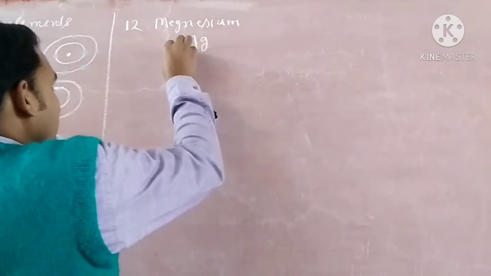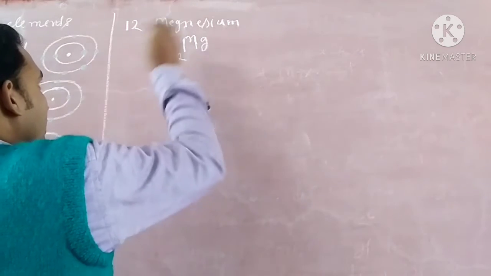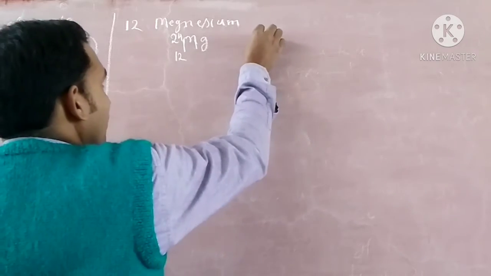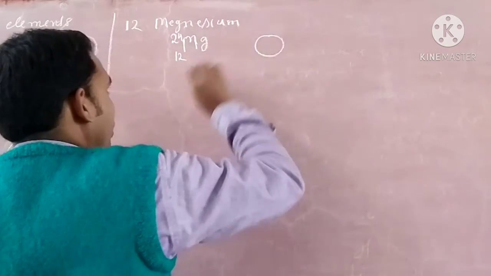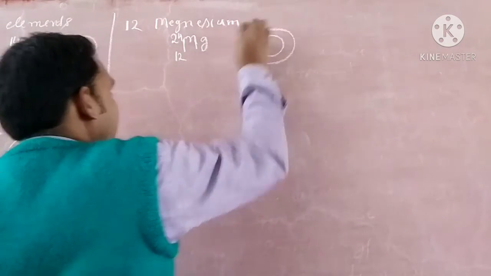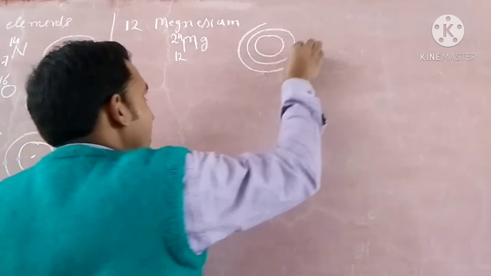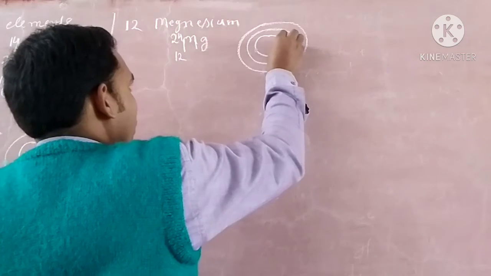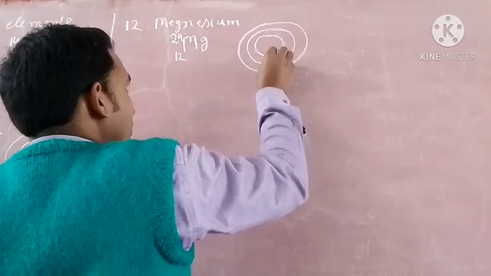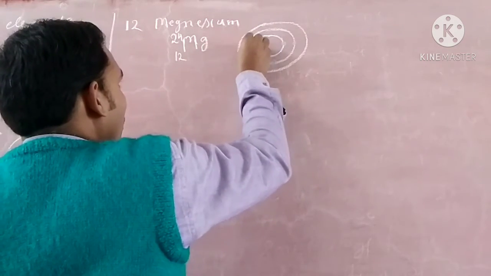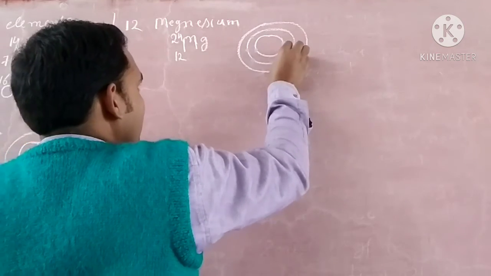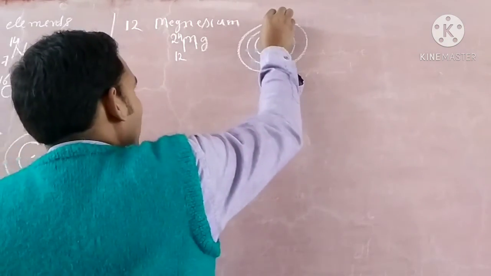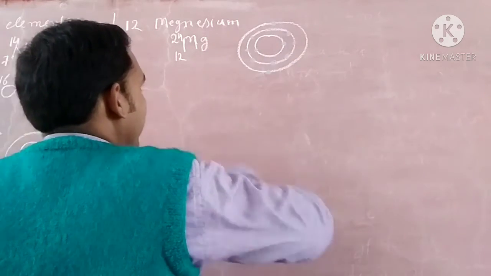Atomic number 12, mass number 24, and their schematic diagram: first cell 2 electrons, second cell 8 electrons, and third cell 2 electrons. So you put 2 electrons, 1, 2, 3, 4, 5, 6, 7, 8 electrons, and the remaining 2 electrons. So you put 2 electrons in the third cell. Okay.